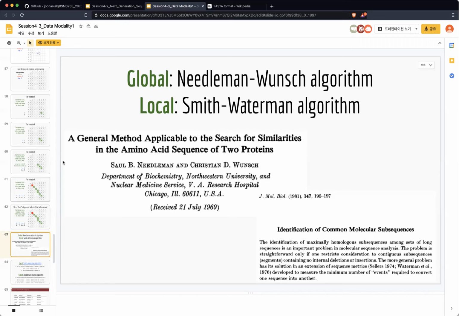So at that time, there were two famous algorithms. We're not going to cover them in much detail in this lecture, but if you are super interested, you can start from the comparison between global alignment and local alignment. Global alignment is the Needleman-Wunsch algorithm from the 1960s, and local alignment is the Smith-Waterman algorithm, and this is largely used for whatever biological sequence information in our field.